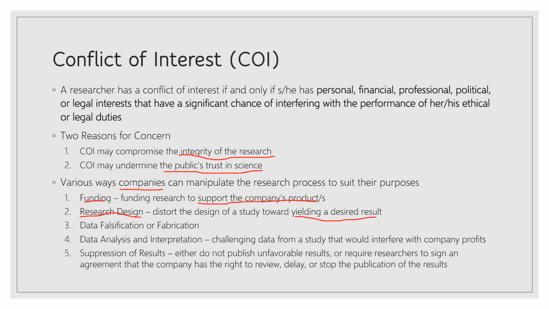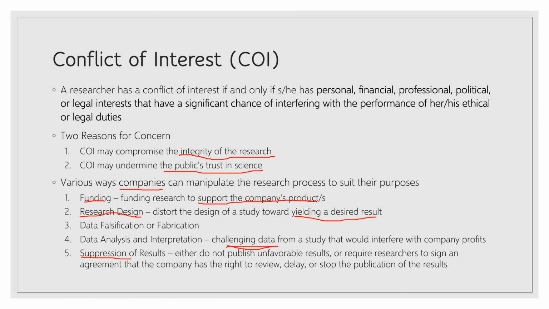And then companies would also suppress results. So not only challenging opposing data, but also literally suppressing results that challenge their bottom line, or challenge whatever research would support their product. Oftentimes this looks like the companies, first of all, seeking out researchers who are willing to walk the line with ethicality in research.